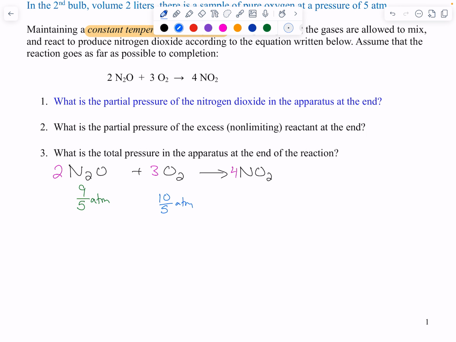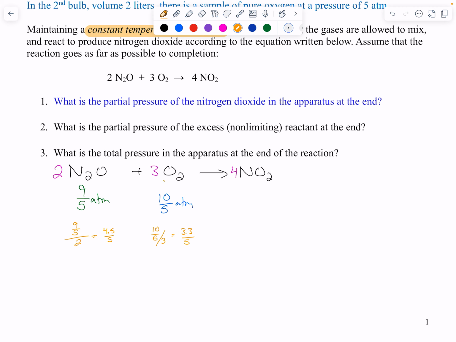All right, we have to do a limiting reactant now. However you want to do this, 9/5 divided by 2, and 10/5 divided by 3. Here's how I'll do it in the fractions. 9/5 divided by 2. 9 divided by 2 is 4.5. And 10/5 divided by 3. 10 divided by 3 is 3.3.